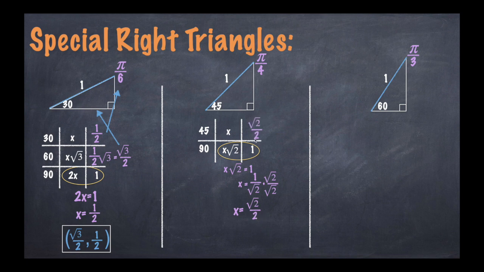Now we would plug that in across from the 45-degree angle, which again, since both of these angles are 45, both of these sides end up being root 2 over 2. So finally, when we talk about the ordered pair here, it's the distance this way on the x-axis, which is root 2 over 2. Then it's going to be our distance up along the y-axis, which is again root 2 over 2, meaning that we end up with an ordered pair of root 2 over 2, root 2 over 2.